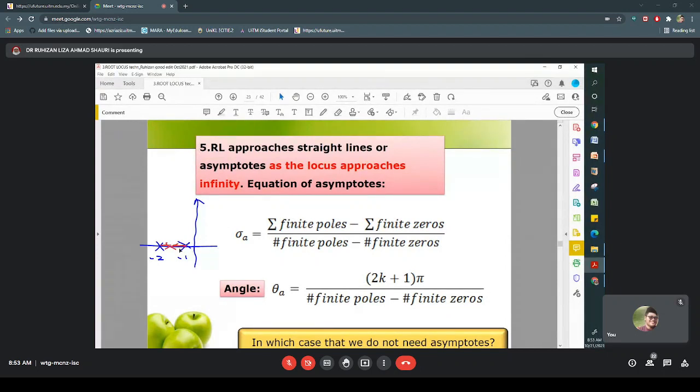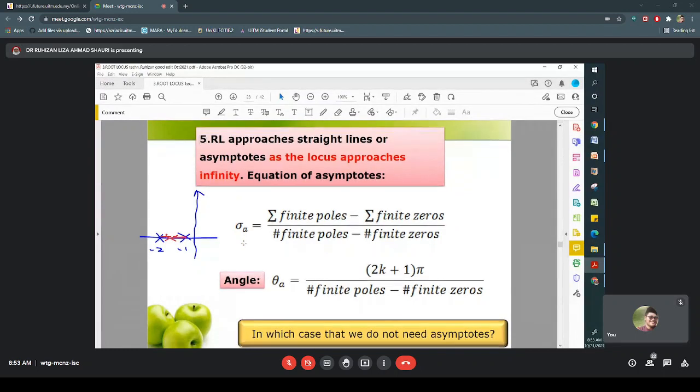So it means that it needs to go out and find the infinite zero. So number 5, you have to calculate the asymptote point and the asymptote angle. A is for the asymptote.